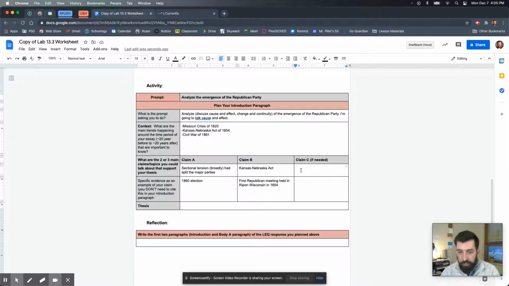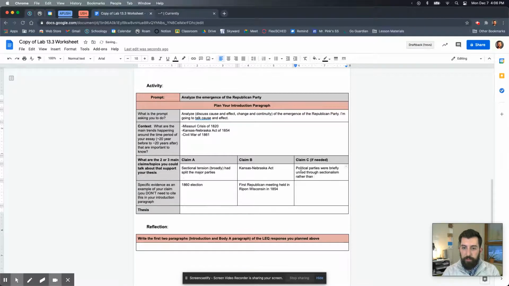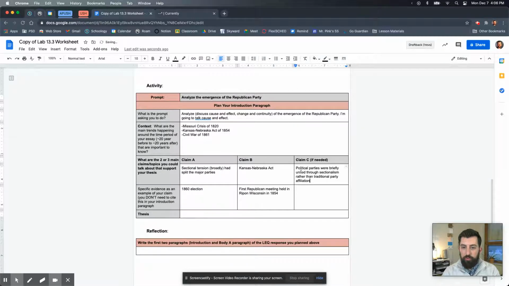So an effect is that political parties were briefly united through sectionalism rather than traditional party affiliation, right? So whatever you traditionally voted for, sectionalism is going to trump, whether you were traditionally a Democrat or a Whig or a Federalist or whatever.